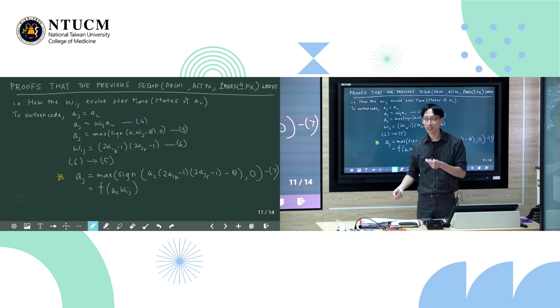So any activity is a function of previous activities. So although we have this distinction between what's a node and what's a connection weight, a weight is really just some integral of activities.